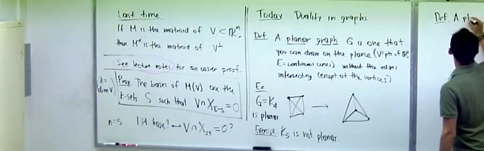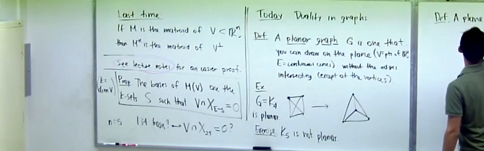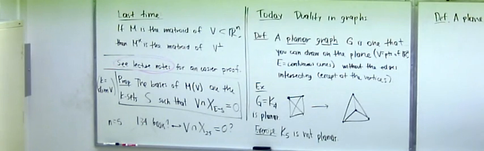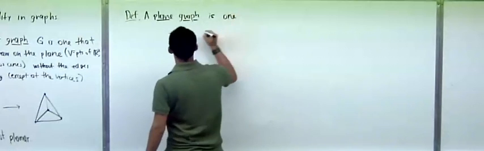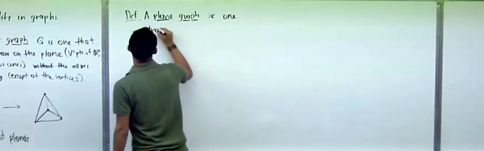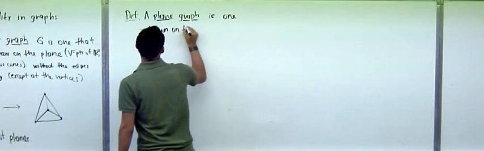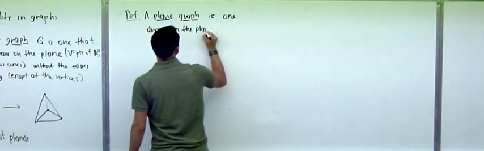And then a plane graph. It's basically a planar graph that you drew, and it's sitting in the plane. A plane graph is one that you drew on the plane in this way.